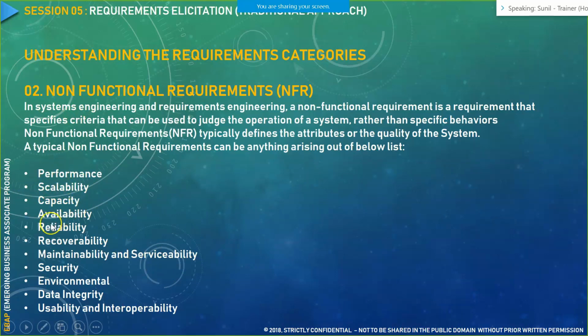Then there would be capacity requirement, the system uptime requirement, like within a day there would be 15 minutes downtime in order to commit all the transactions that have happened throughout the day. So those would be your system availability requirement, like in a particular day, what is the number of hours the system would be available.